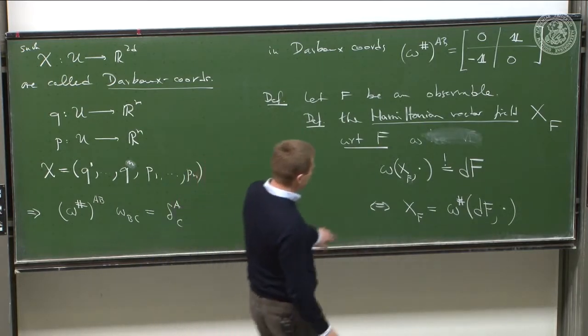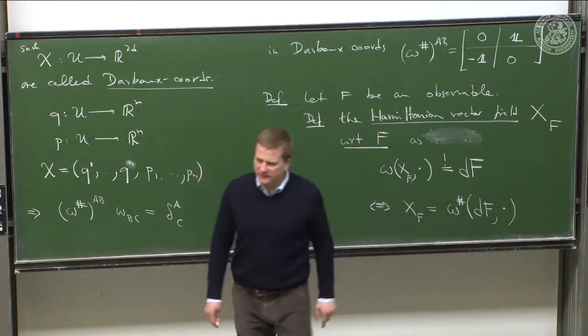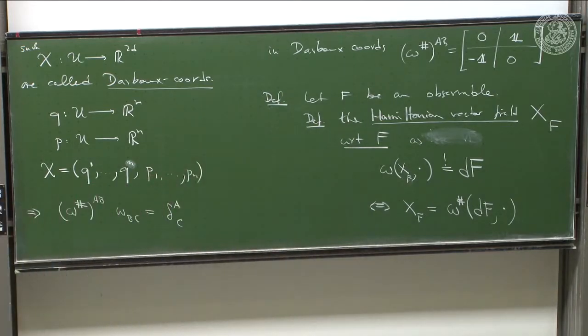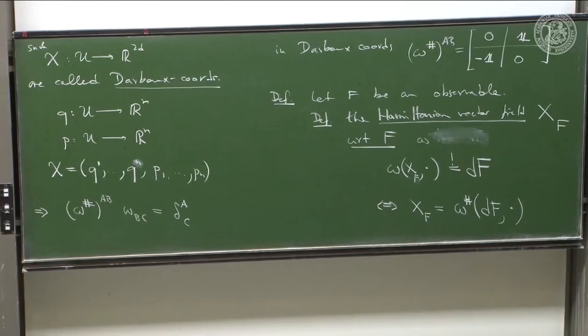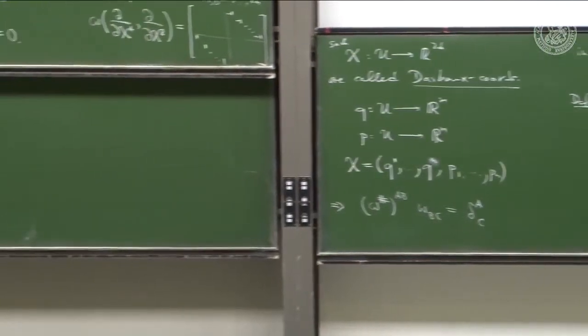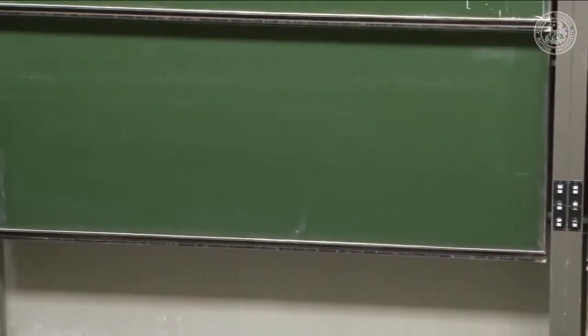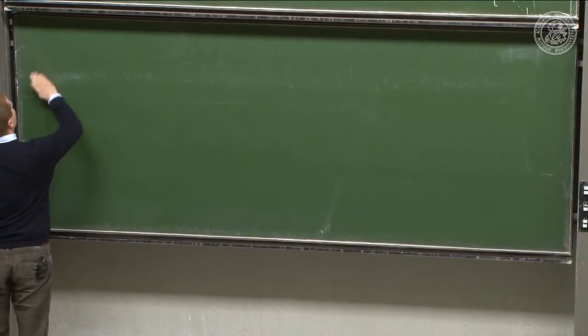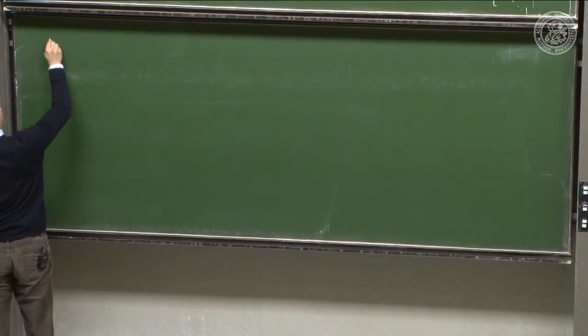And so this X_f is the Hamiltonian vector field associated with the observable. Now this is an excessively geometric concept, so we'll draw a picture.